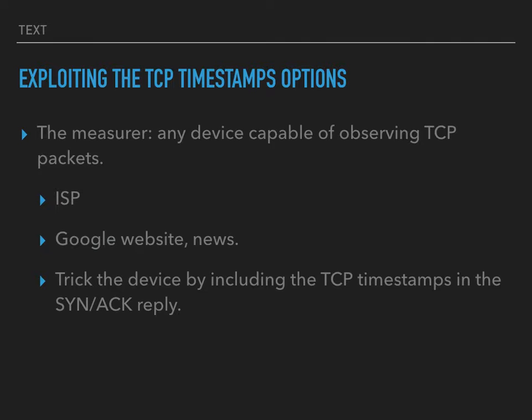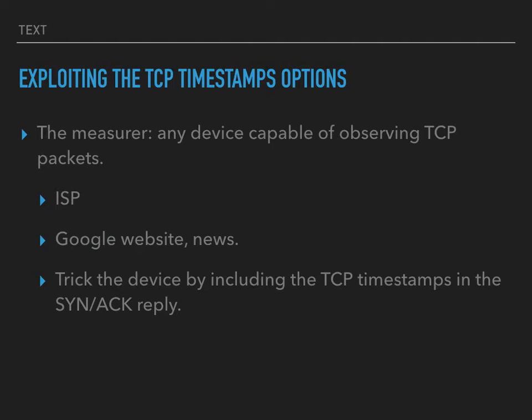For the semi-passive fingerprinter, it can trick the fingerprintee by replying with a SYN packet with timestamps. After that, the device will think it didn't include the TCP timestamps option with its initial SYN packets and include the TCP timestamps option in all of its subsequent packets.